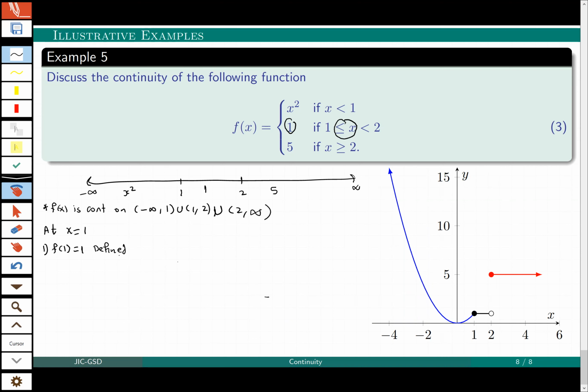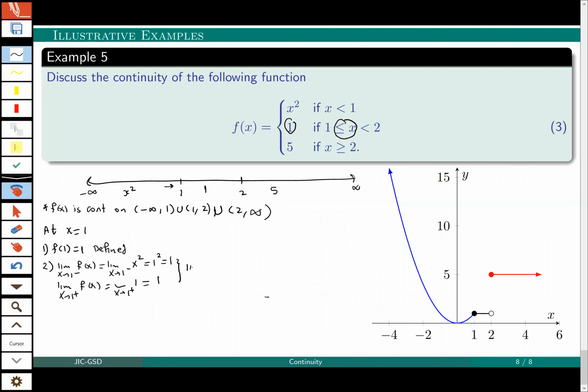Now, the second condition we need, limit when x goes to 1 from left. When x goes to 1 from left, it's x squared, so it will be 1 squared, which is 1. Limit when x goes to 1 from right. When x goes to 1 from right, my function is 1, so it will be again 1.